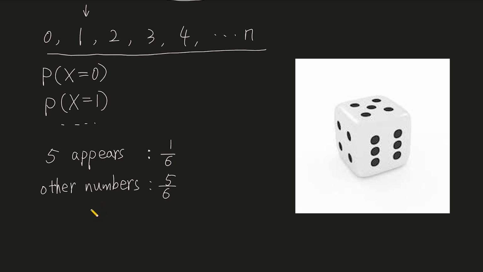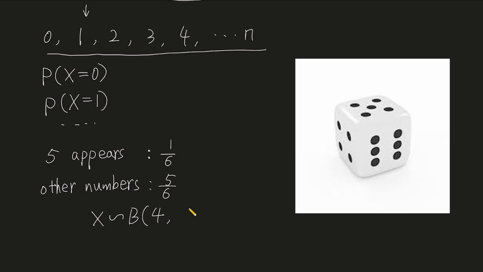We can write it like this. X represents the number of times that number 5 appears. This follows a binomial distribution. Here, the number of experiments is 4, so 4 here.